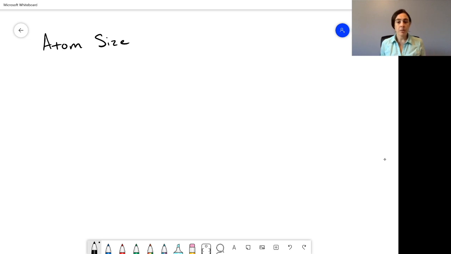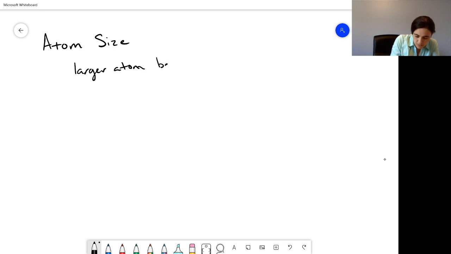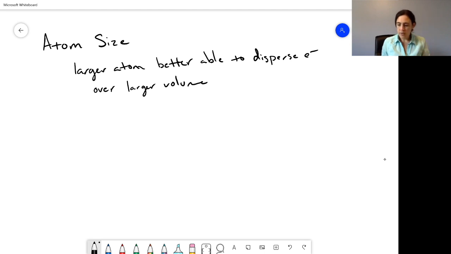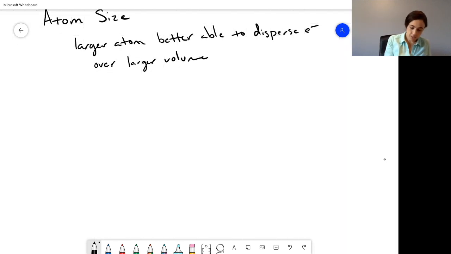So it's better able to disperse the electrons, right? Because it has a larger volume.